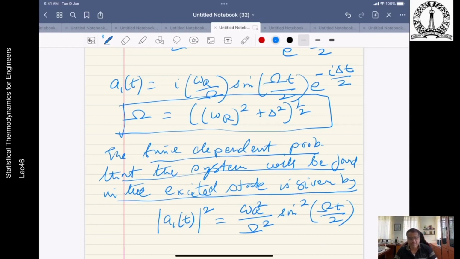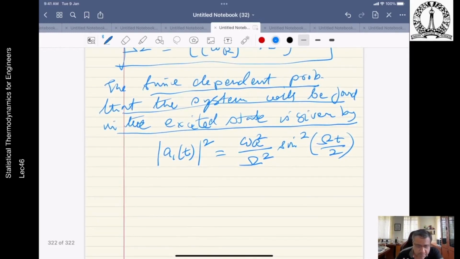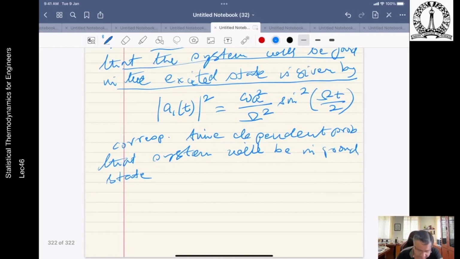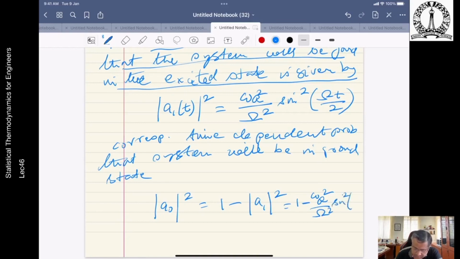The corresponding time dependent probability that the system will be in the ground state is given as 1 minus A1 squared, which is 1 minus omega r squared over omega squared times sine squared.